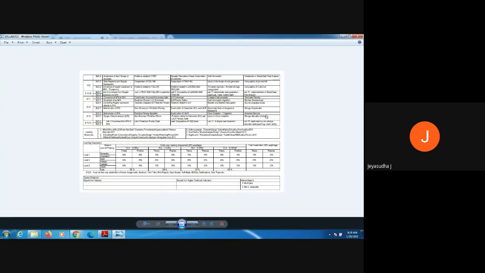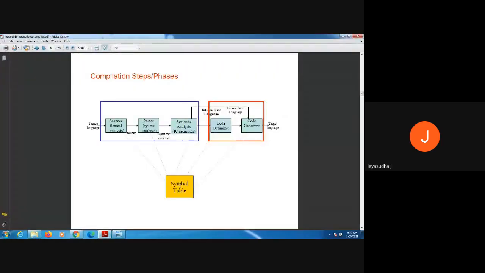Okay, and the last part of this fifth unit is going to be the continuation of the optimization only. Here I have shown something called a symbol table. We will be learning code optimization in the fifth unit, right? It is a continuation of that.